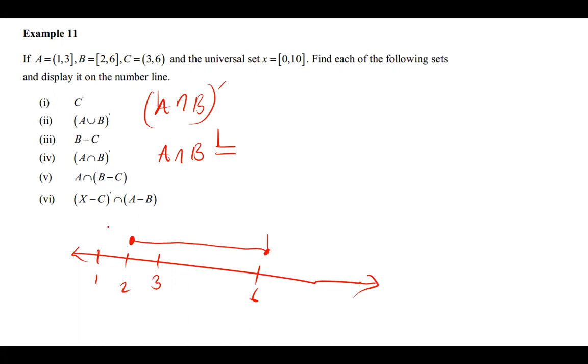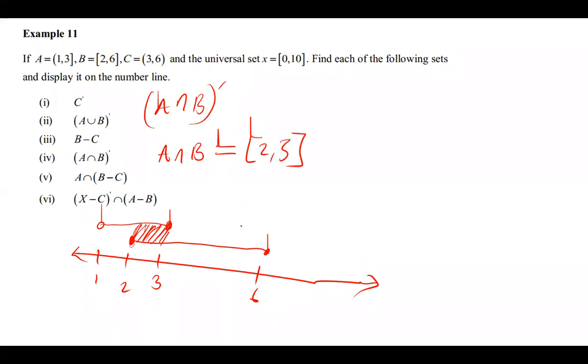And then my A is open at 1 and closed at 3. So now to find the intersection set, the intersection is simply the common elements. So this part is the intersection. So A intersection B is from 2 to 3. On 2 it's closed and on 3 it's also closed. So it is going to be closed on both ends, 2 and 3.